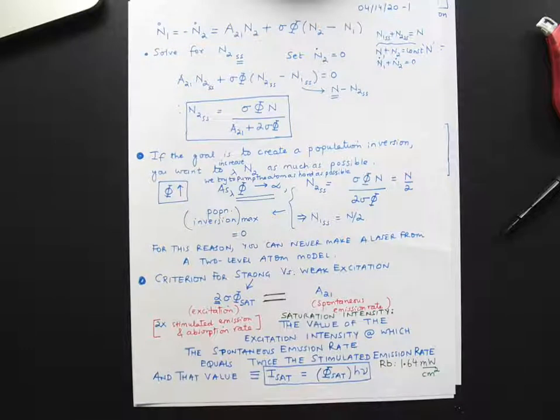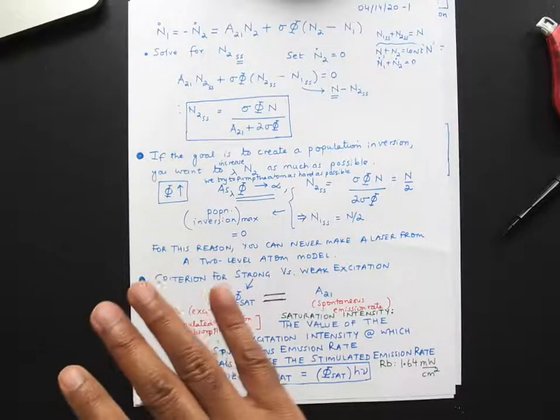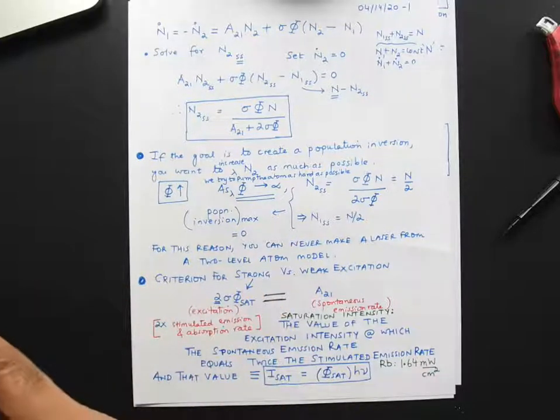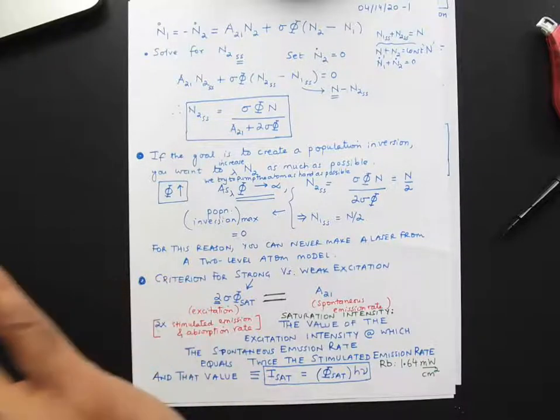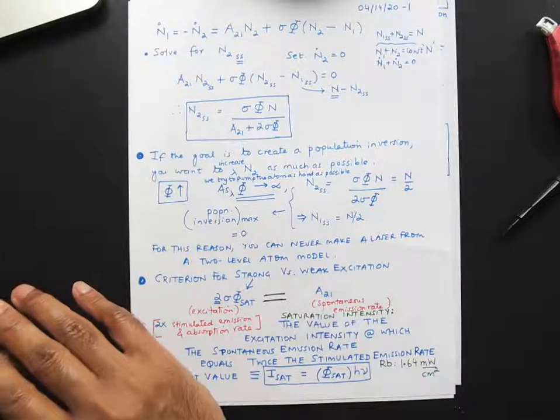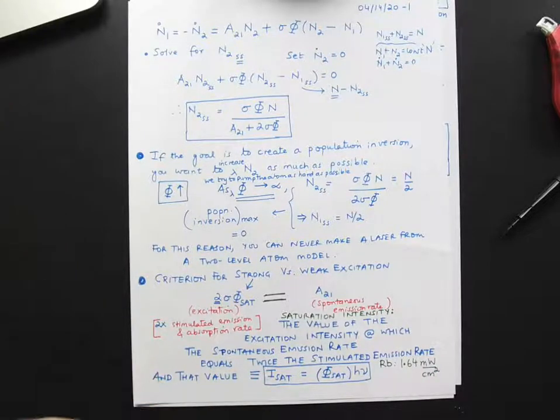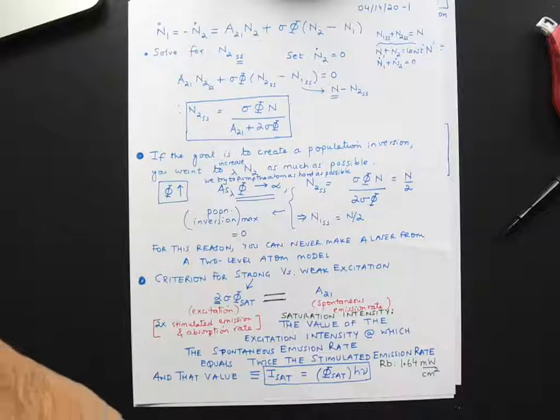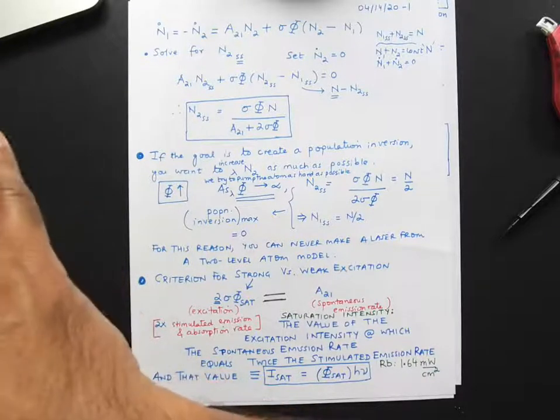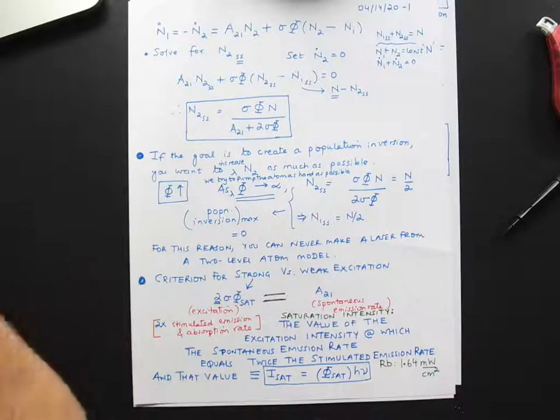Why? Because roughly speaking, in your mind, you can imagine an atom being excited to the excited state and falling back to the ground state, excited and falling back again. Now, every time it goes up to the excited state, it can spontaneously emit, and so it comes back to the ground state, but you don't want it to wait too long for another photon to come by so that it can absorb and go back up.